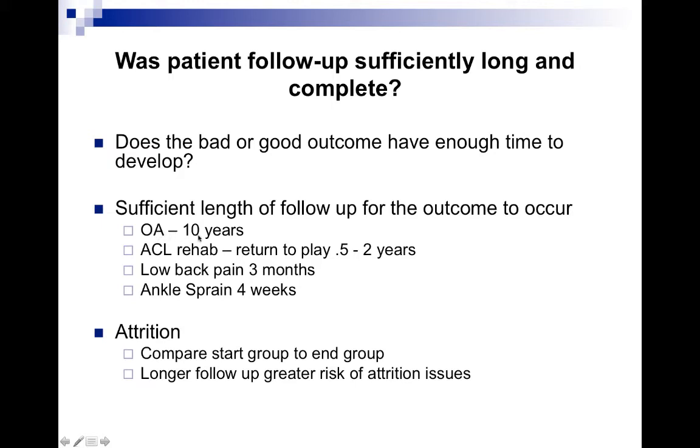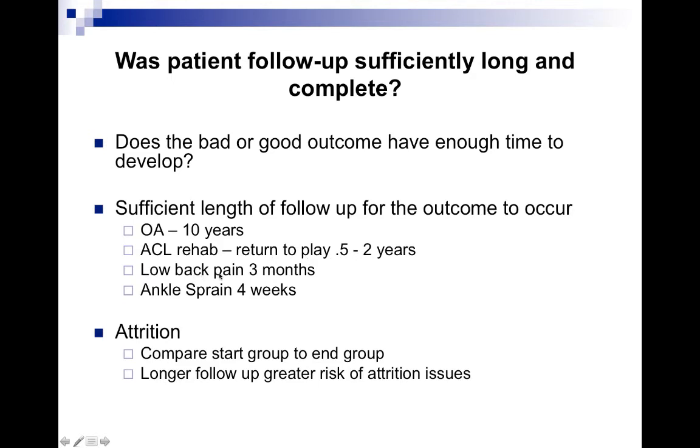And so the length of time for the outcome to occur for OA would have to be fairly long for it to be compelling that whatever variable we're looking at actually prevented OA or facilitated OA. In terms of return to play, we could look as soon as 6 months or up to 2 years, whatever is reasonable.